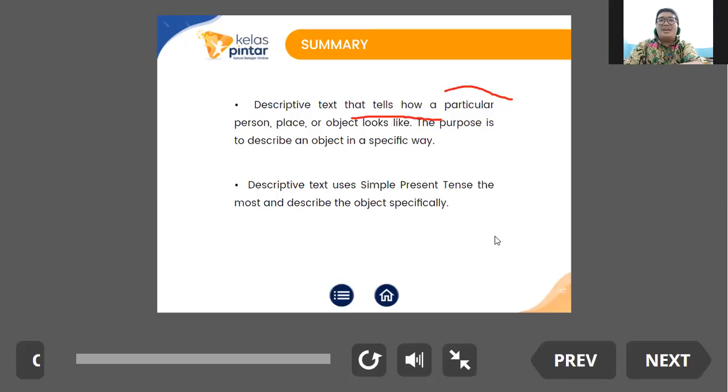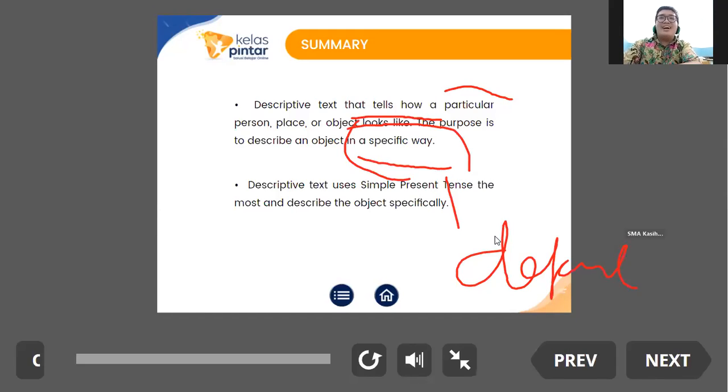In a specific way. Dijelaskannya dengan spesifik. So it's more detail, lebih detail dijelaskan. And usually it uses the simple present tense to describe the object specifically. Later I will ask you.